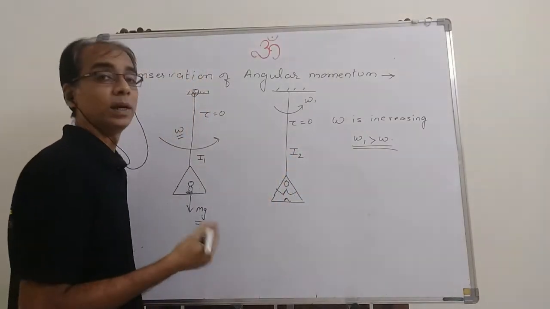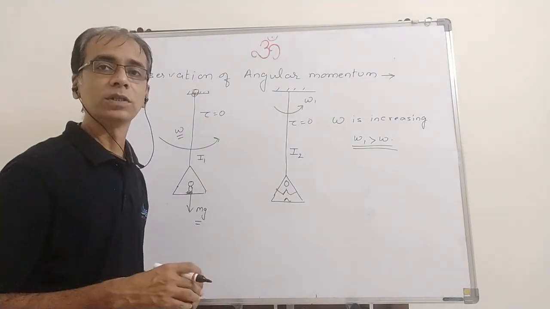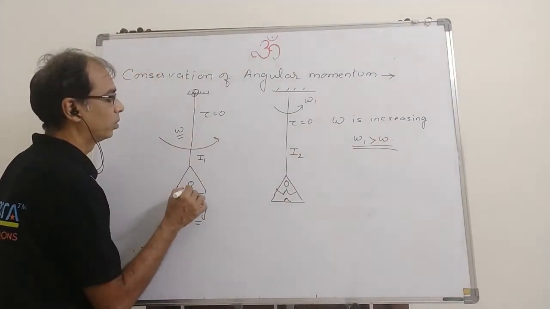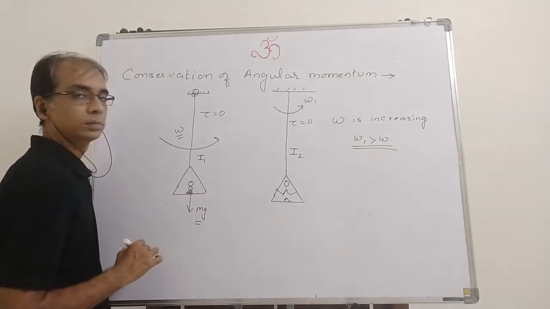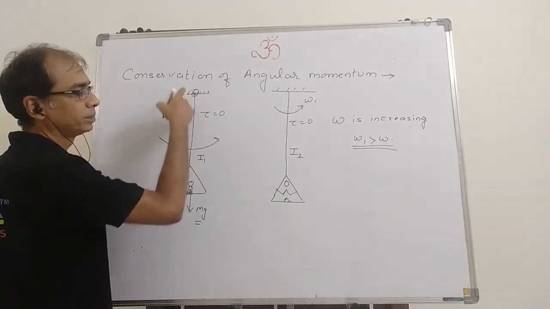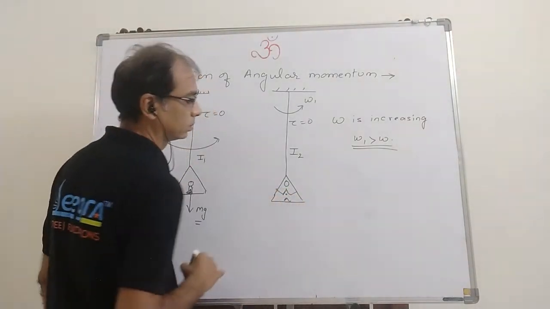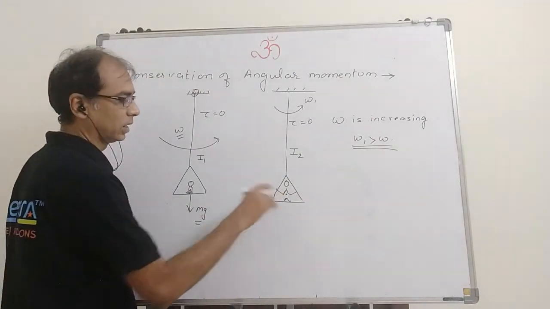Now you can ask me why it is different, same body, same mass. The reason is, at this position, the boy's center of mass is here, so the moment of inertia will be m into this distance squared. But when he's standing, his center of mass is here, at the center.